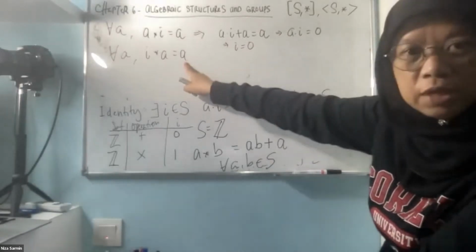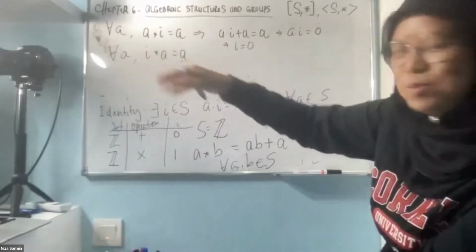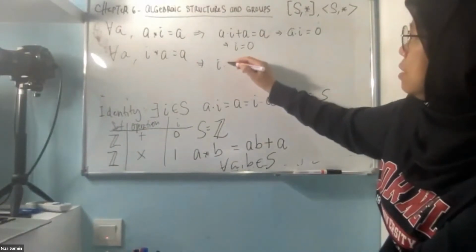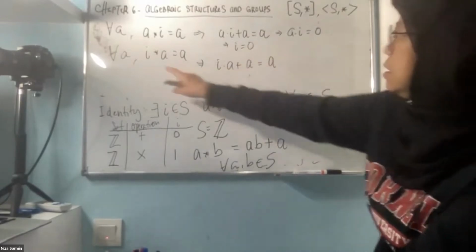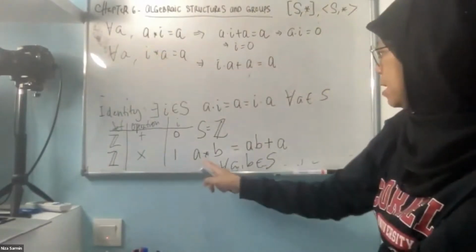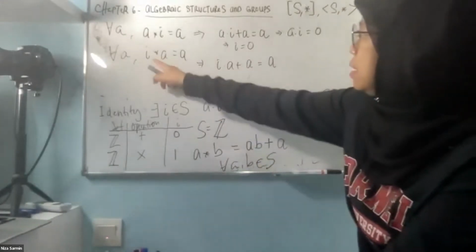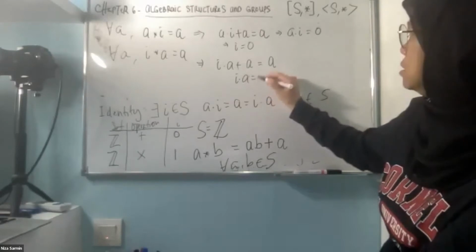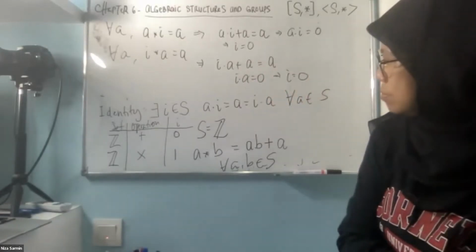But you have to satisfy this one also, not only one side; it has to be both sides. Let's check. I star A gives I times A plus A is A. So IA plus A equals A, so I times A is 0. So again, I is 0.